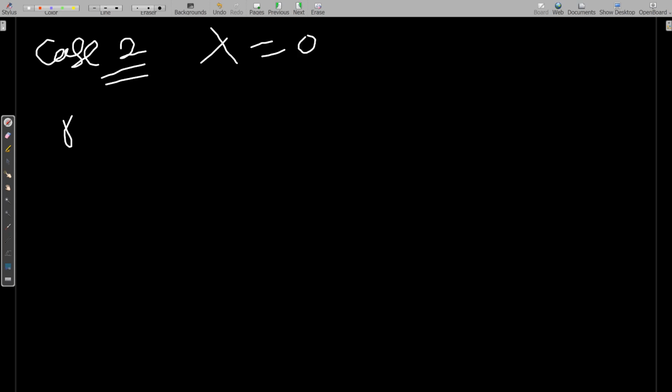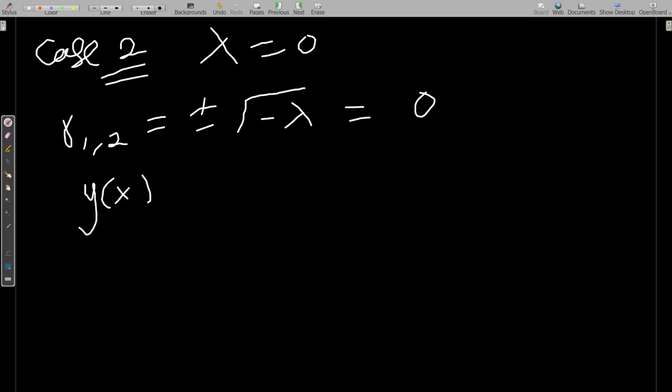When lambda is equal to 0, then our r1,2, which we said is plus or minus square root of minus lambda, is equal to square root of 0, and that is 0. So here we have a repeated root, because r1 and r2 are both zeros. I've already explained this in one of the videos on solving PDEs, but let me just go through it so as not to confuse you.